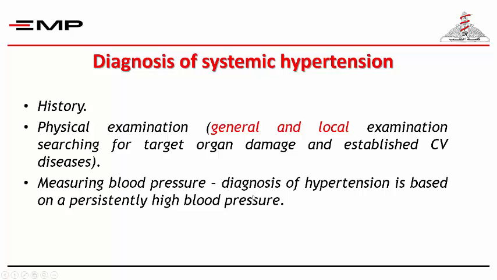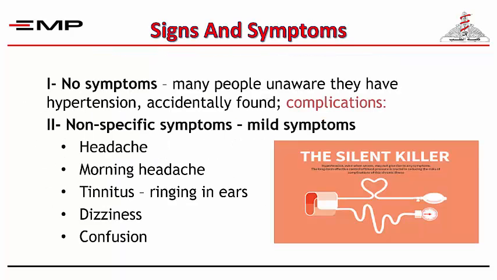Diagnosis of hypertension is mainly based on persistently elevated arterial blood pressure. Regarding signs and symptoms, many people are unaware that they have hypertension, and in many cases it's accidentally discovered by its complications or by incidental measurement of blood pressure. That's why systemic hypertension is sometimes called the silent killer.